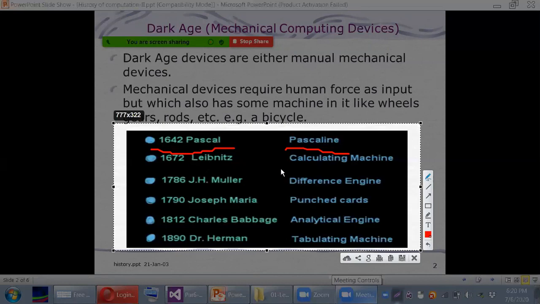Then it is followed by the calculating machine. The calculating machine was invented by Leibnitz in 1672. This was another benchmark computing device in the history of computer. Then another very important device came after more than 100 years, and this device is called the difference engine.